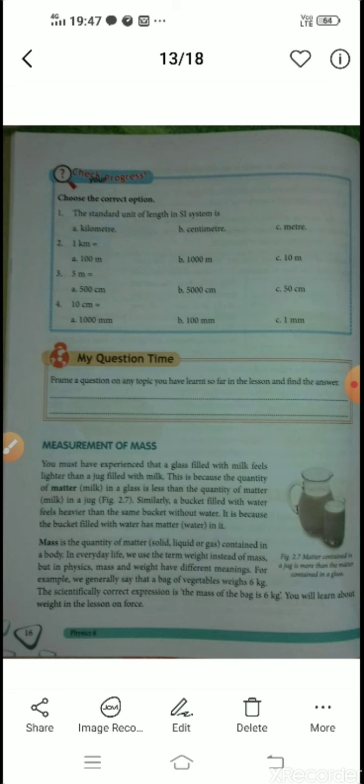Now listen, you are going to take a glass of milk and a jar containing milk. Which one will you feel is much heavier? It will be the jar containing the milk. Why? It has more milk in it. The more substance it has, the heavier you will feel.